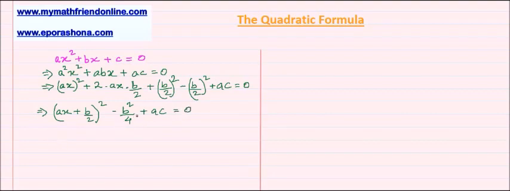Now, this is in fractional form, and this does not have any denominator. So if we want to sum them up, what do we do? We take the LCM of these two terms. So the denominator will be 4. So we do that.